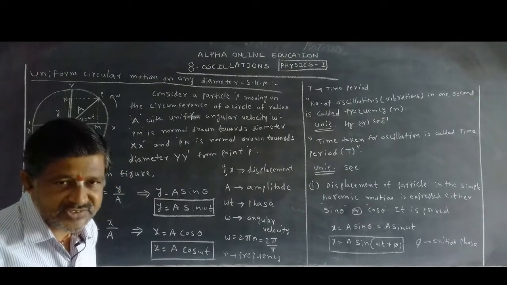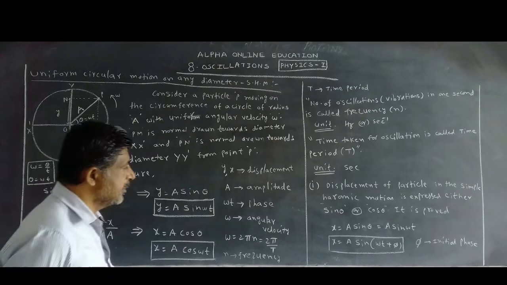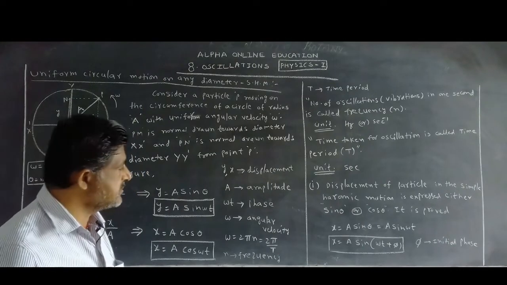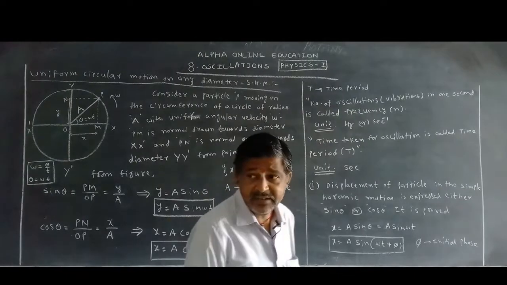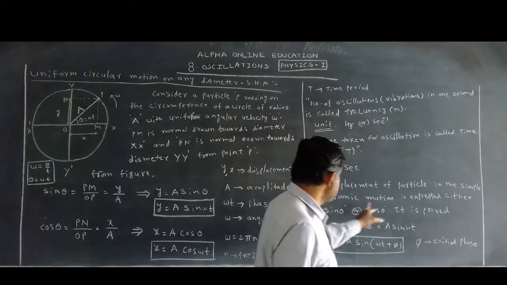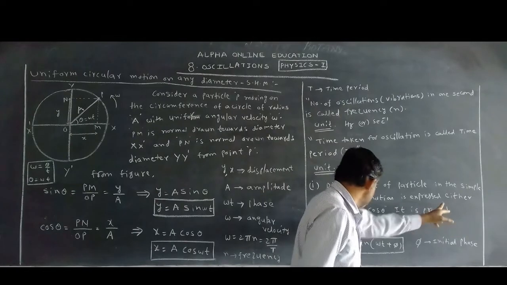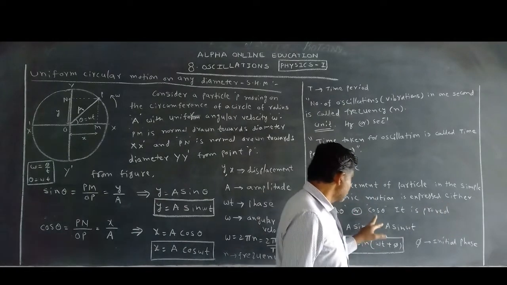Okay. Now we will discuss the displacement of the particle in simple harmonic motion. Displacement of the particle in SHM, simple harmonic motion, is expressed either as sin theta or cos theta.